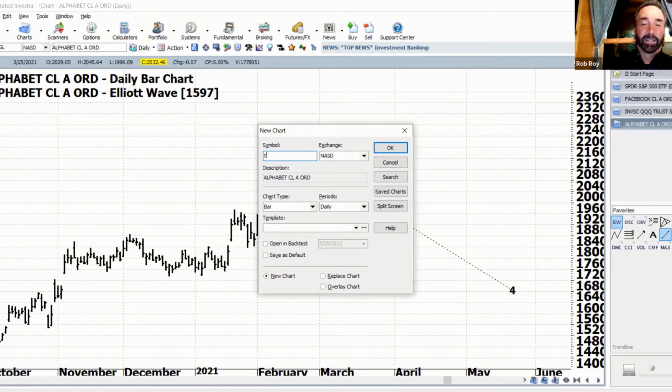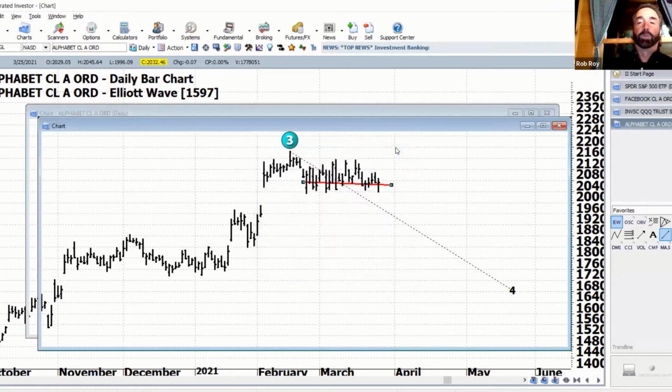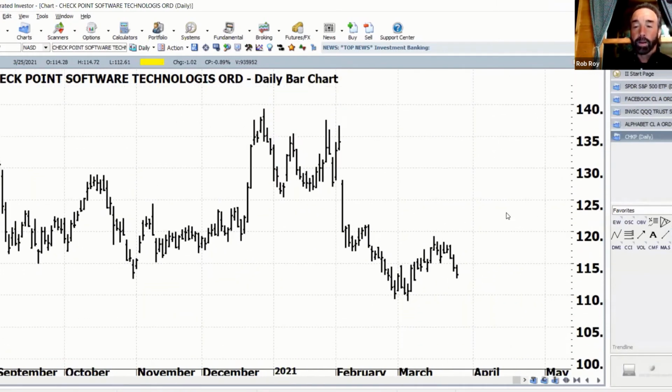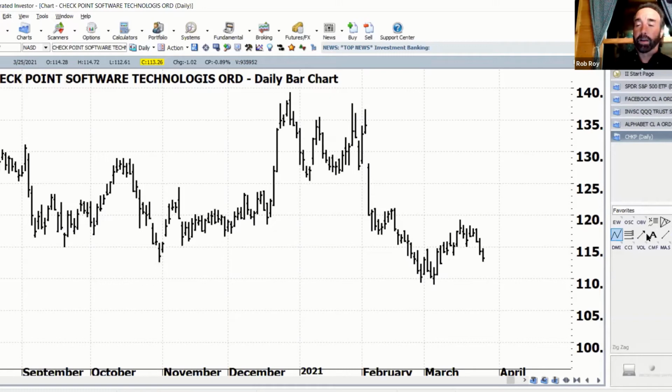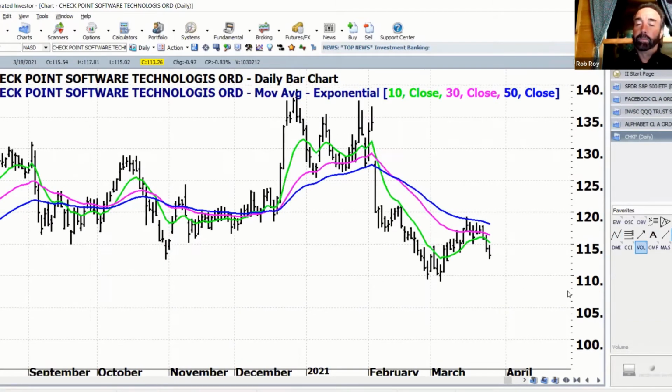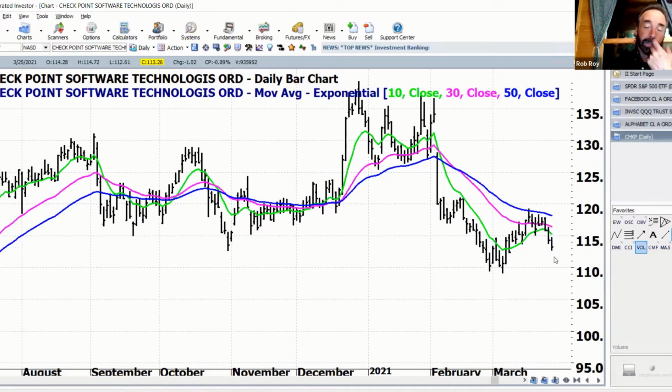Thank you. Okay. All right, so let's start with the volatility portfolio, and we'll go right into checkpoint. And here we're going to come down, it looks like, and test that 110 level again. We broke below. So this is the same thing that occurred with the market, but today is the second day.